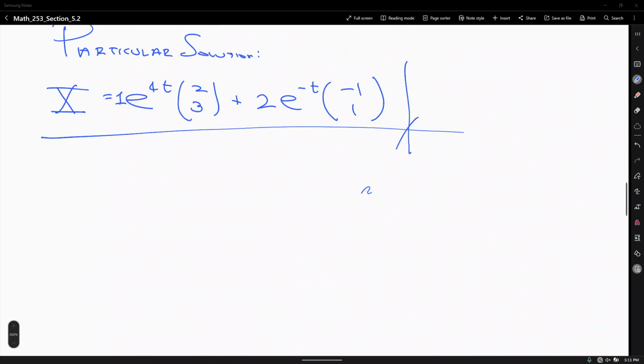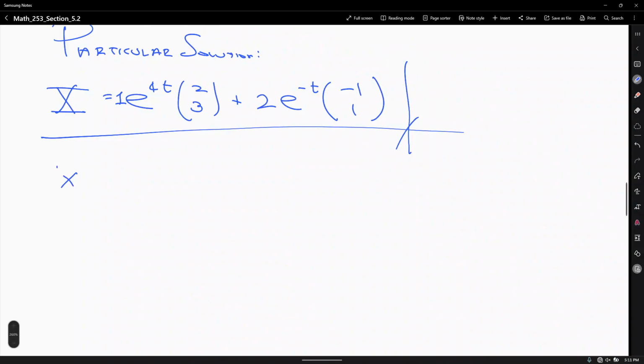Well, if you would like to visualize the solutions to these systems of differential equations, number one, you could rewrite the solution to the system from vector form to parametric equation system form.